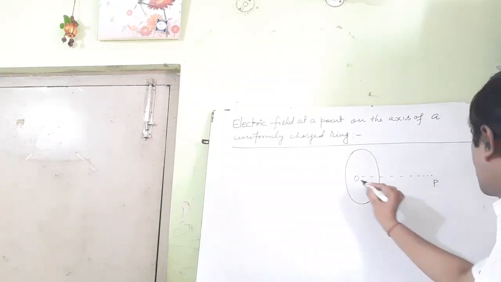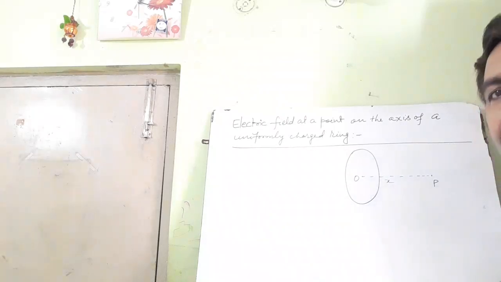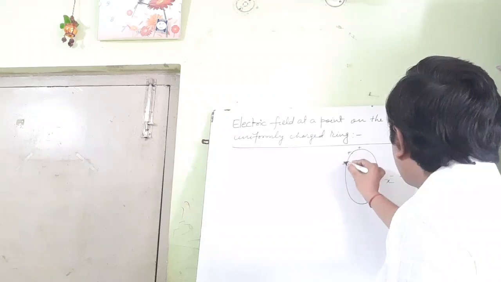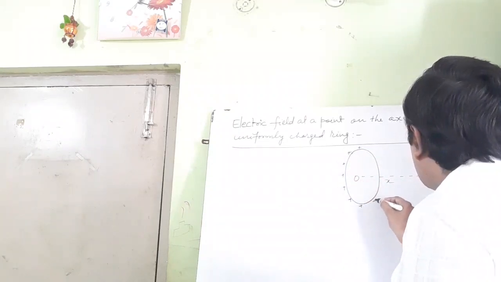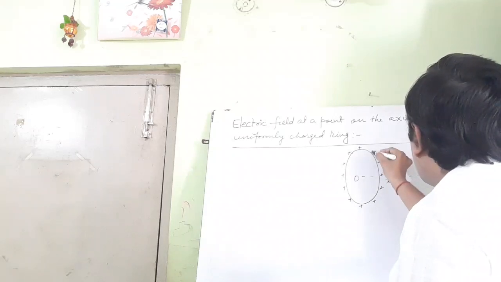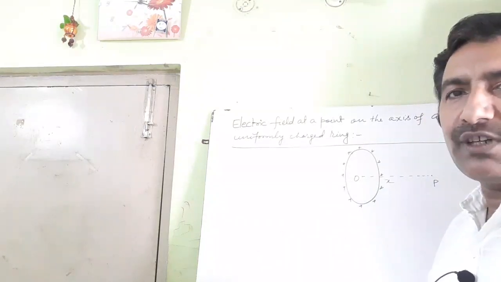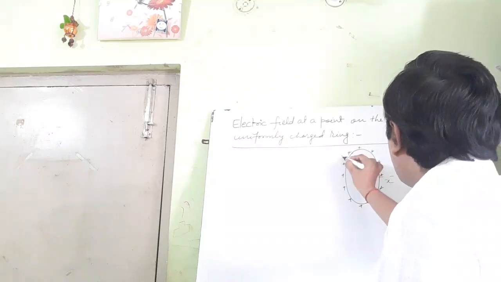The distance of this point P from the center of the ring is x, and a charge is uniformly distributed along the ring. As the charge is distributed along the ring, it is linearly distributed, and the linear charge density is lambda.